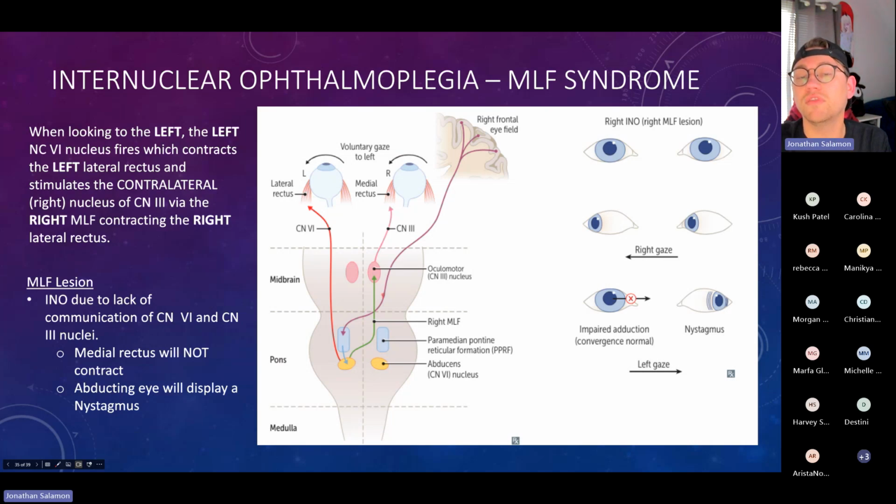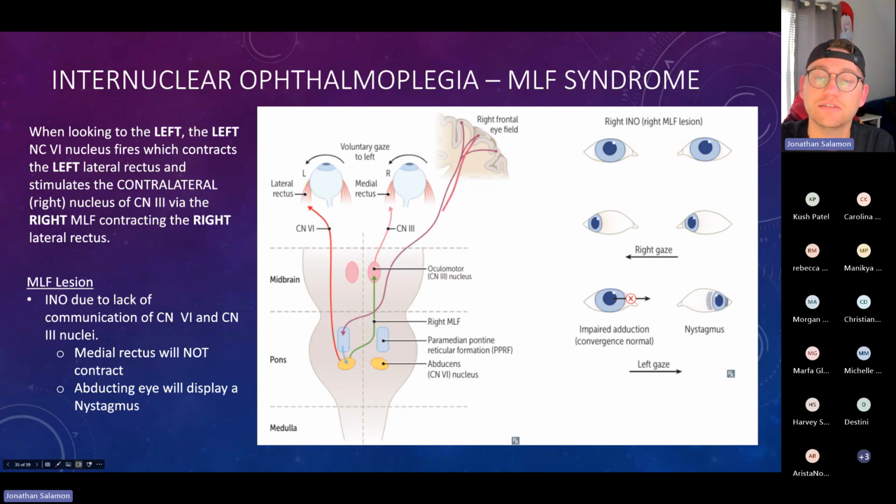And the way that you can remember that this crosses back is because the third nerve nucleus, as all cranial nerves are, is a lower motor neuron. It's the terminal lower motor neuron, which means it has to be on the same side. And it tells the medial rectus muscle to contract, therefore adducting this eye, and it makes it look to the left.